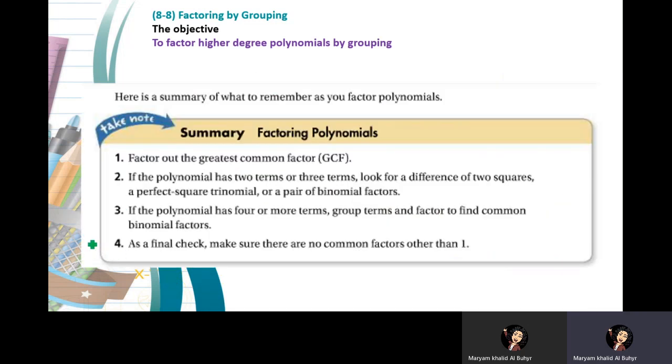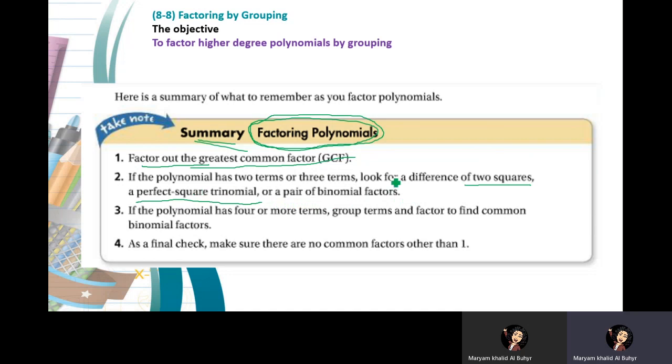I'm done from my lesson. Finally, I would like to summarize the idea. In general, all the lessons that we have learned, what should we do? This is just a summary for all lessons that we learned for factoring polynomials. First of all, as I said, try to find the greatest common factor for all the terms that you have. If the polynomial has 2 terms or 3 terms, look for a difference of 2 squares, a perfect square trinomial, or a pair of binomial factors.